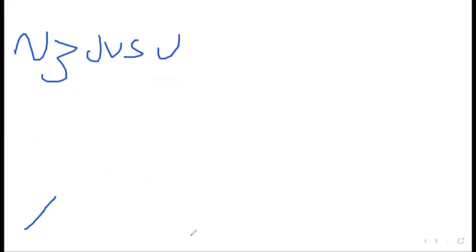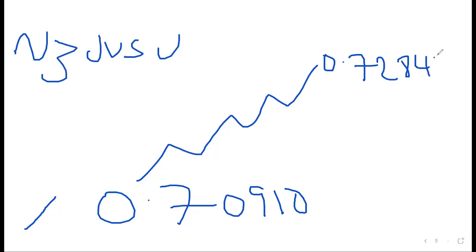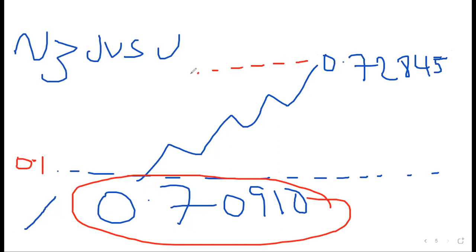So if the market moves from, let's say, NZD/USD, from 0.70910 to 0.72845, and you bought at this price using 0.1 lots, when price gets to this level, how many pips have you made?